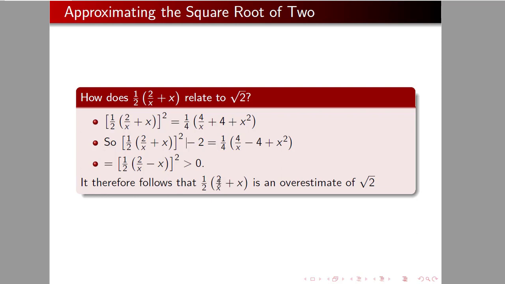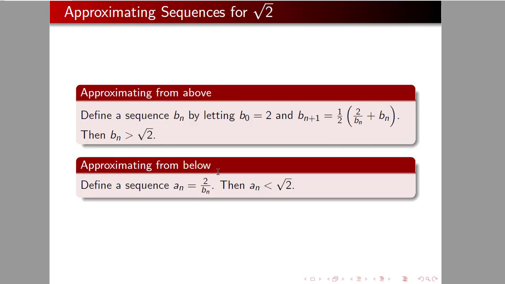And so from this it will follow that if x is an approximation from above, our new approximation is an overestimate of the square root of 2. It'll be above the square root of 2. So I can let it be my new upper endpoint. I can define a sequence of bn's which approximate from above.